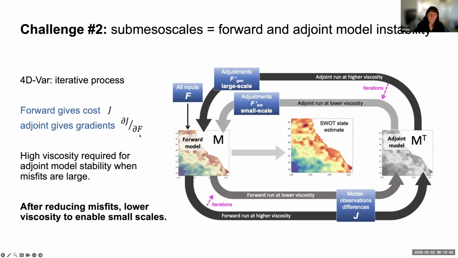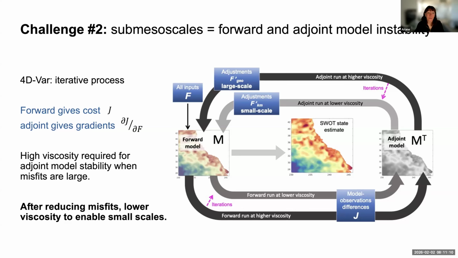And when the cost is large, because the misfits between the model and the observations are large, we can run into issues where these gradients get very large and they can even blow up because of instabilities in the adjoint model.